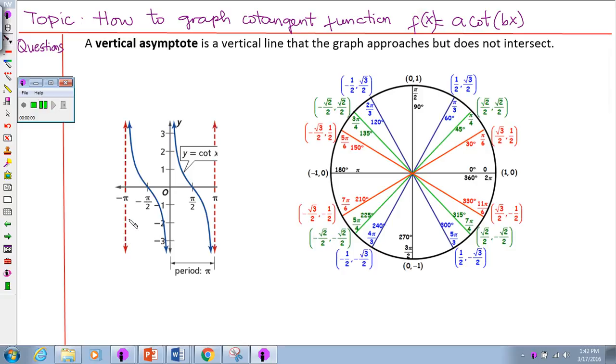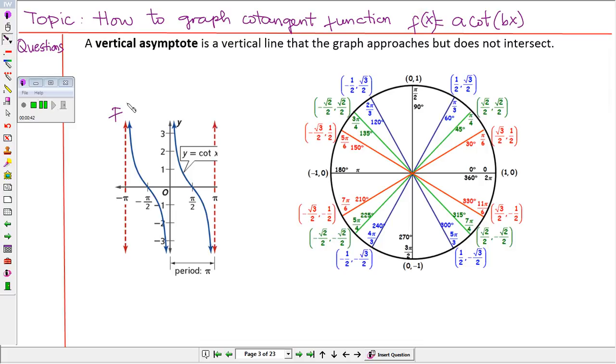So here we are. This is the graph of the cotangent function, and the parent function is f of x equals cotangent of x, where a and b both equal 1. The first thing we notice from this graph is that there is more than one period, and I'm just looking at one period only.